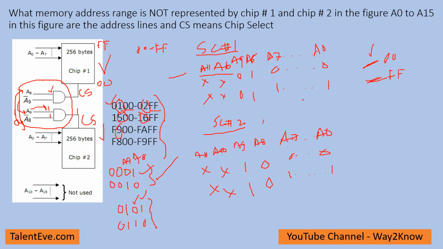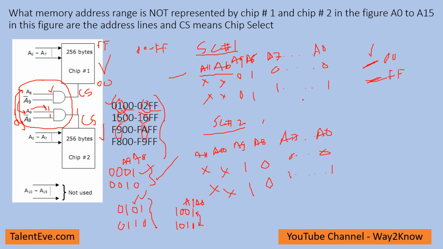Now take 9 and A. 9 is nothing but 1001. A is nothing but 1010. Again here if you see A9, A8, in these addresses A8 and A9 are complement of each other. So both the chips can get selected.